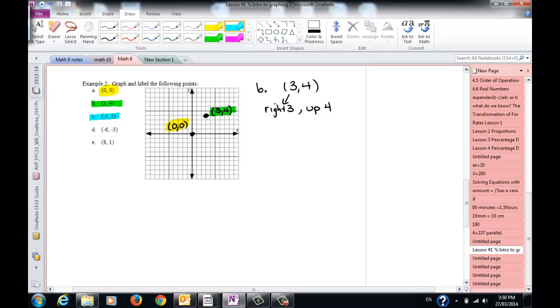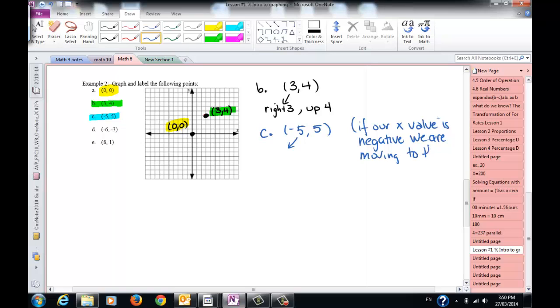Alright, for C, the point is -5, 5. So this is telling us it's negative. If our x value is negative, then we're going to the left. So I'll write that over here. If our x value is negative, we are moving to the left.